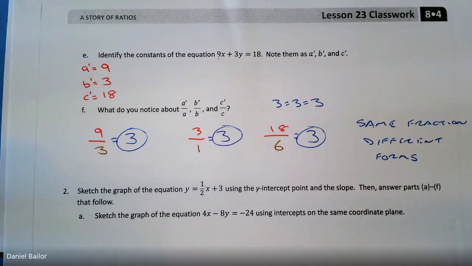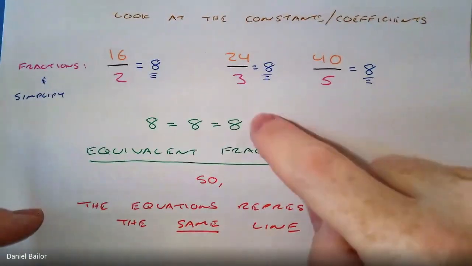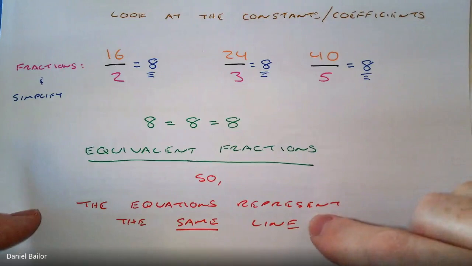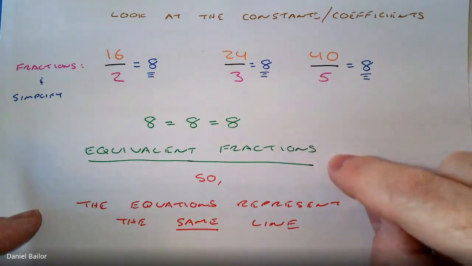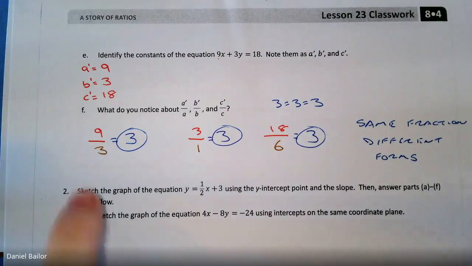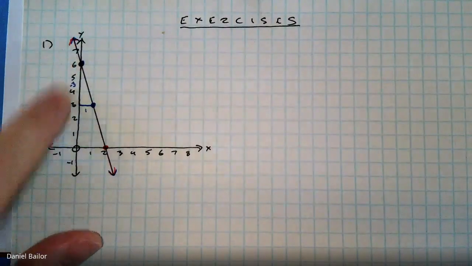If we go back to our notes, remember right here, I told you equivalent fractions mean they are the same line. So we have equivalent fractions in part F, and on our graph, we had the same line.